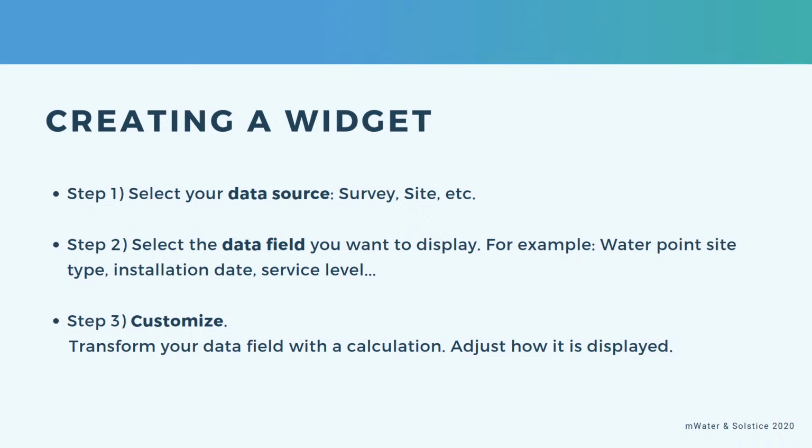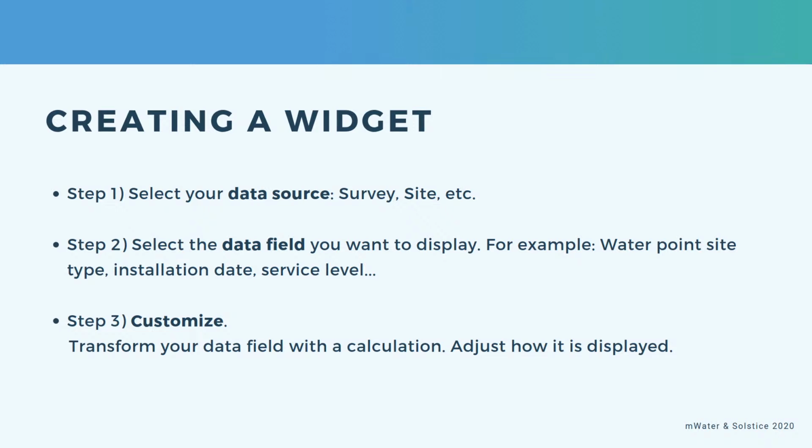Borehole, hand dug well, whatever it is. Or you might want to show the installation date, or even the SDG service level, and so on and so on. But you want to have that in mind, and you want to be able to pick that out in the right place. If you've got those 2 steps, then you'll start to get something, more often than not, into your visualization. And then you can start elaborating by customizing your visualization.